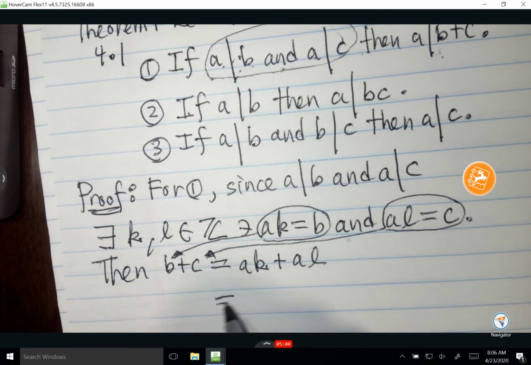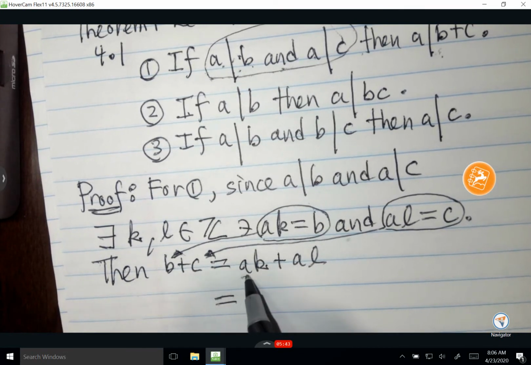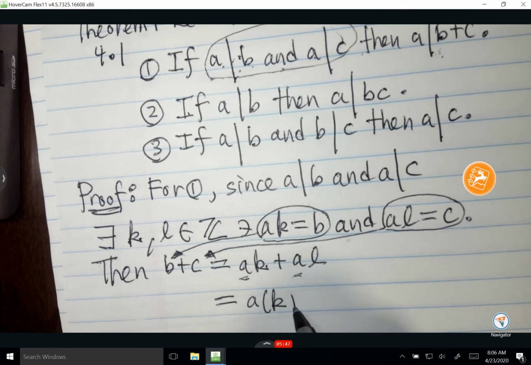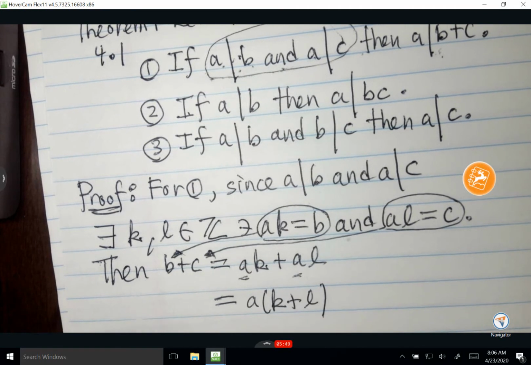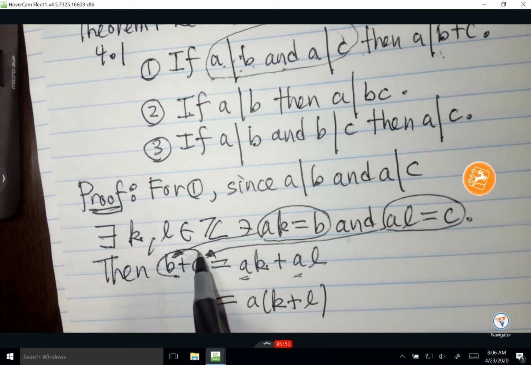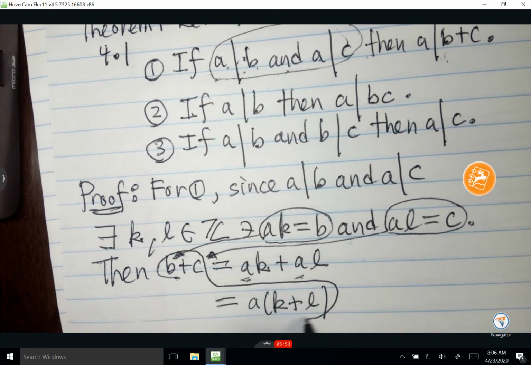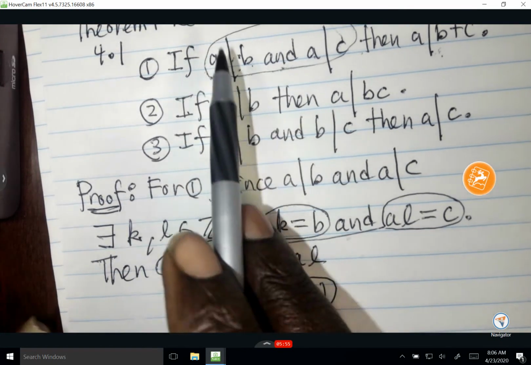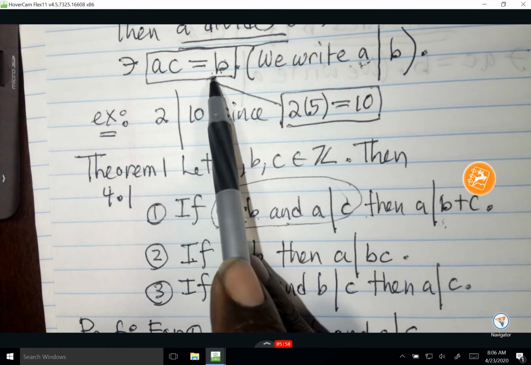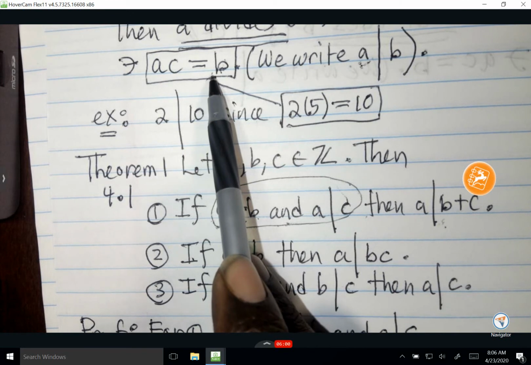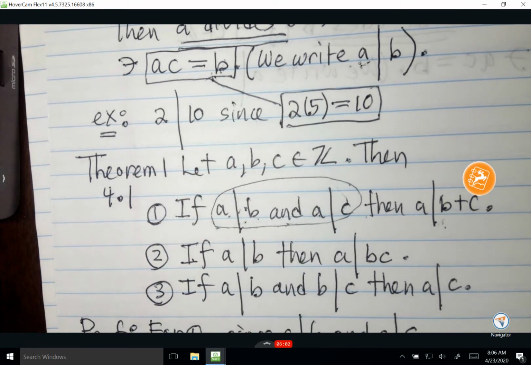And now let's try to prove A divides B plus C. Well, if you look at B plus C, what can you say that's equal to? Well, you can replace this in for the B, because it is B, and you can replace this in for the C, because it is C. So you could say that's AK plus AL. Well, notice now you can factor out an A. So you can say that's A times K plus L. And you've just realized that B plus C is a multiple of A. But then by this definition up here, A divides B plus C, and the proof is done. But anyway, let's say it and wrap it up.